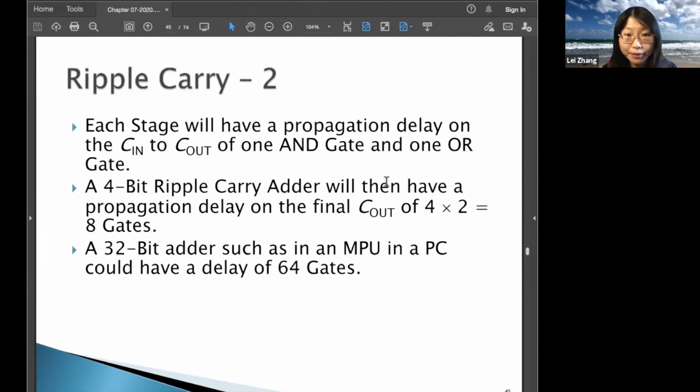But when we implement this in VHDL, we do need to consider what the propagation delay is. First of all, what is the propagation delay? Propagation delay is the delay that we get for a logic gate to give out the stable output.